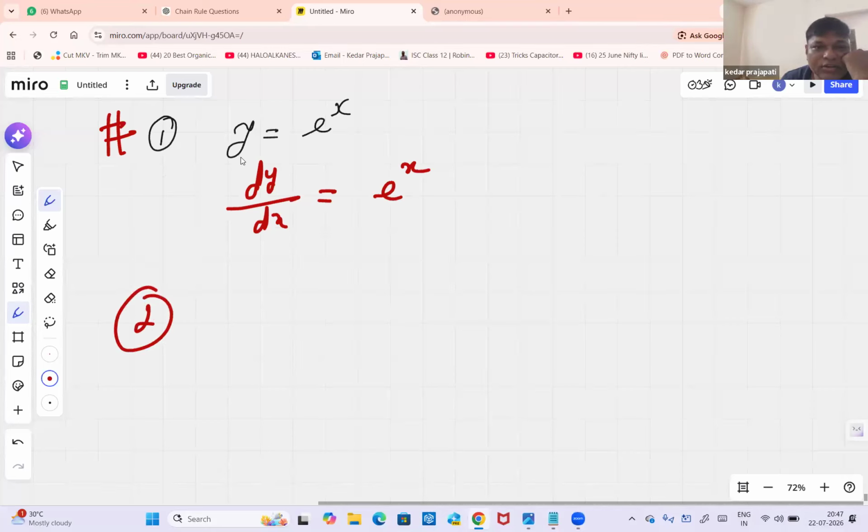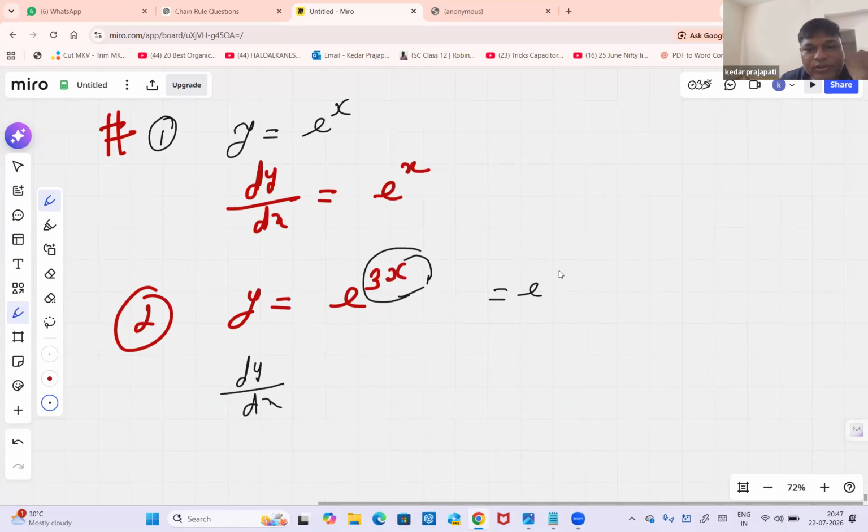This is the formula. Now I am going for a little more complex question: e to the power 3x. Let us solve together. dy by dx. Suppose this is x, so this can be written in the form of e to power x.